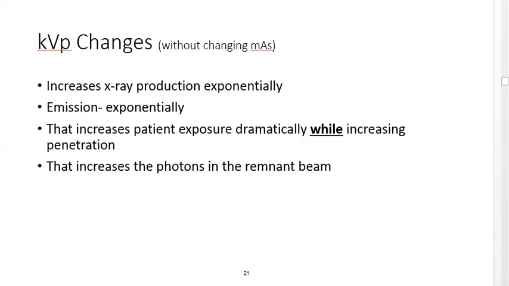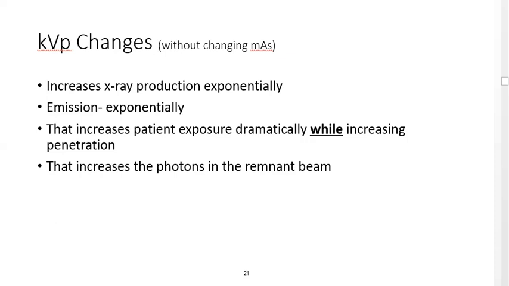But if the only thing that you change is KVP, if let's say you shoot a chest X-ray with 100 KVP at a set mass, if you change your KVP to 115, then you're going to double the exposure to the image receptor. Your patient exposure is going to go up as well, very drastically.